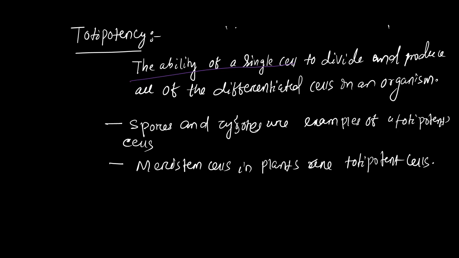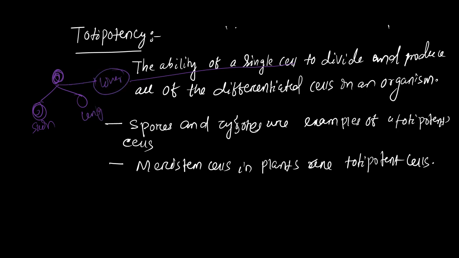So what is the thing? This cell is able to produce many cells. Let's consider this is a cell: this cell produces skin cells, this cell produces lungs, this cell produces liver, as a normal example.